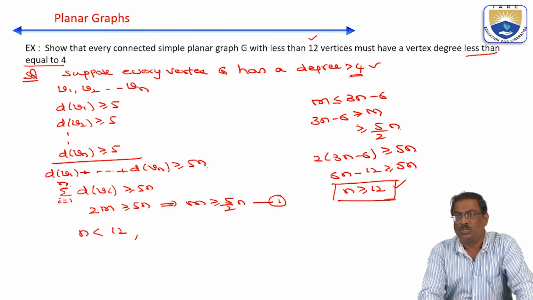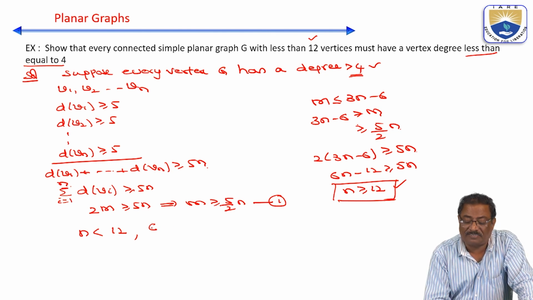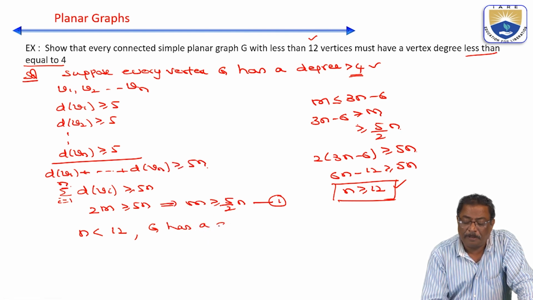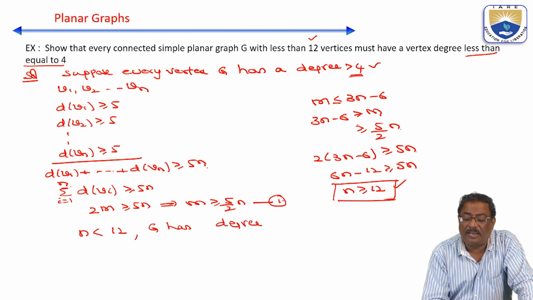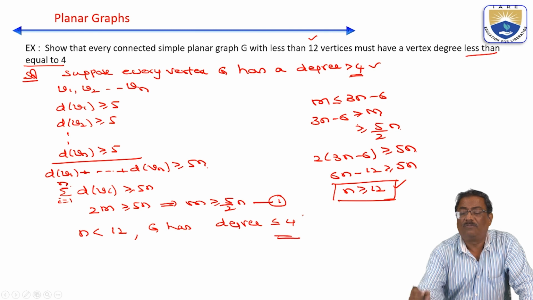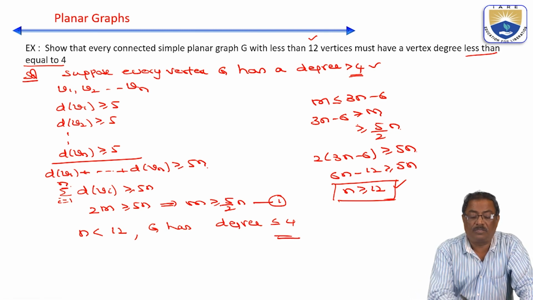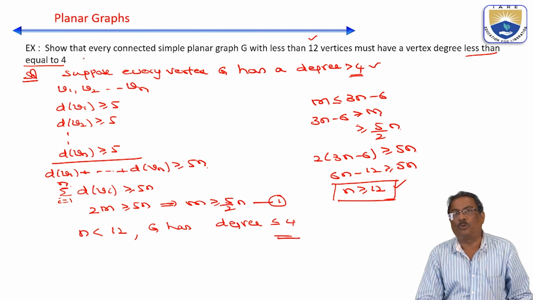So if the number of vertices is less than 12, then each and every vertex degree of G is less than or equal to 4. That is what they have asked. So we are going to prove in this manner.